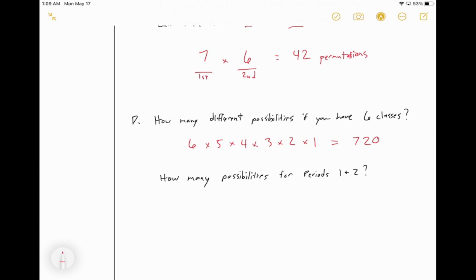How many different things could I get for period 1? Well, I still have 6 different options. And for period 2, I have 5.